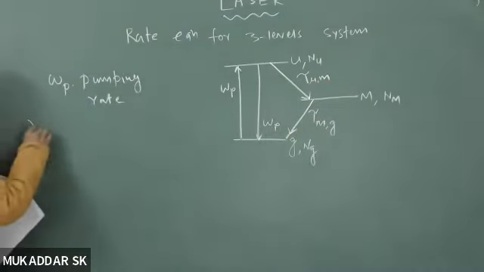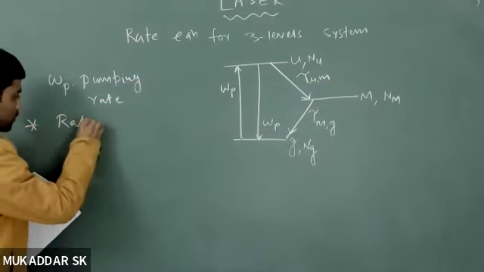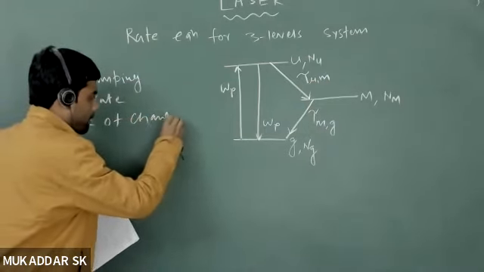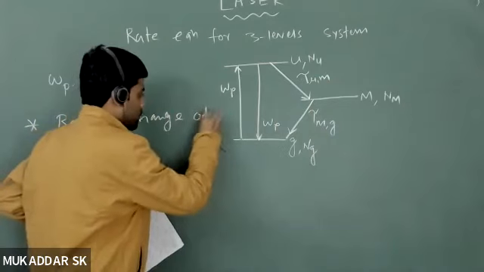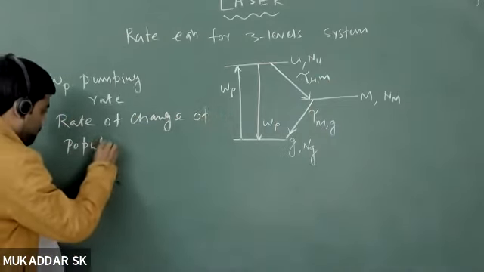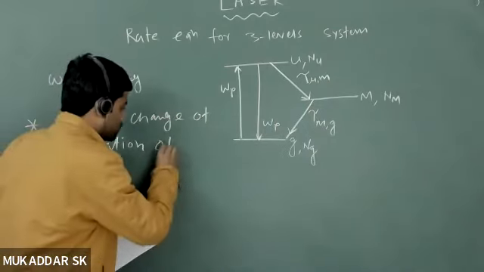So can you please tell me the total rate of change of population of the ground state?